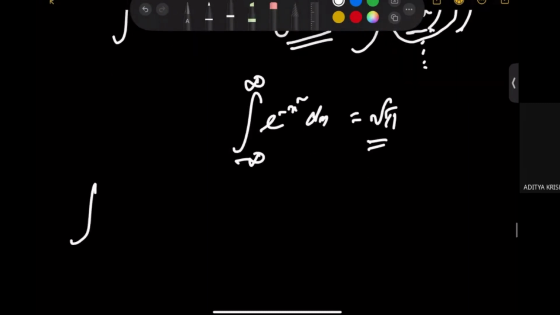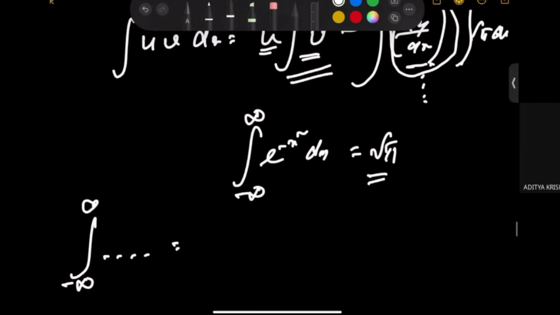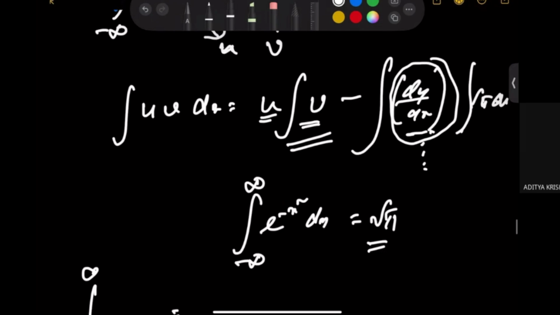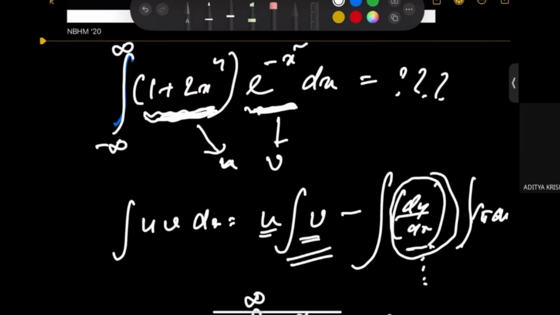So it will be minus infinity to infinity, u times the integration of v minus, where u is 1 plus 2x power 4.